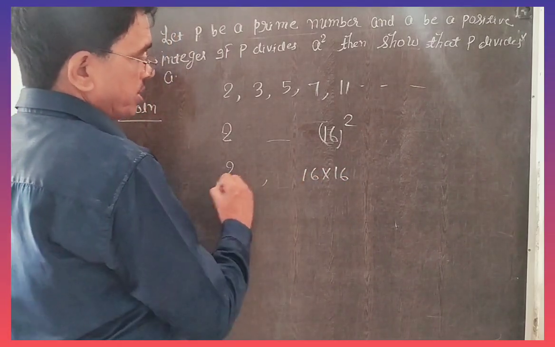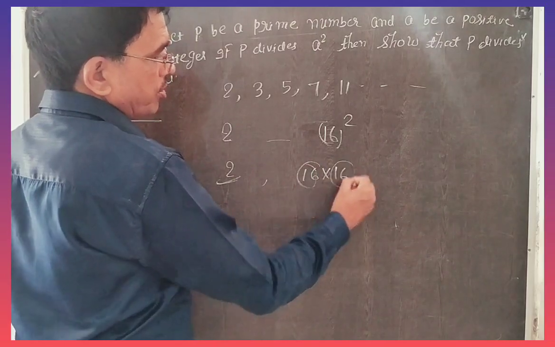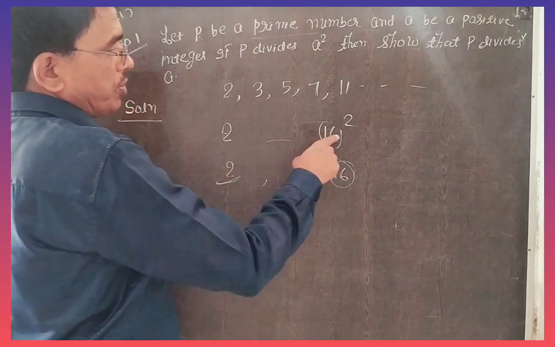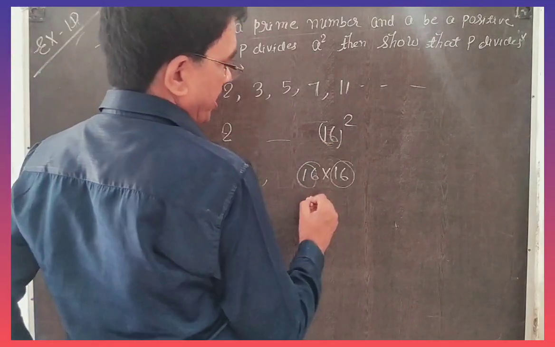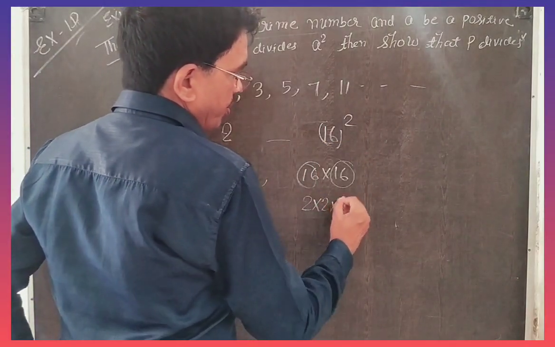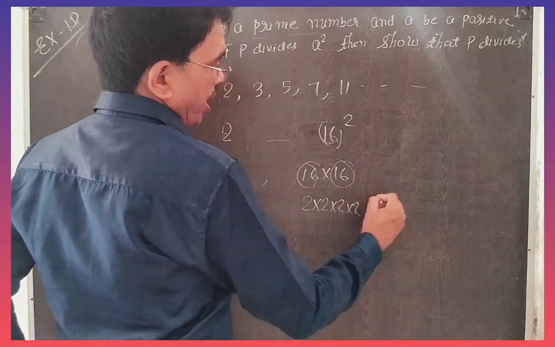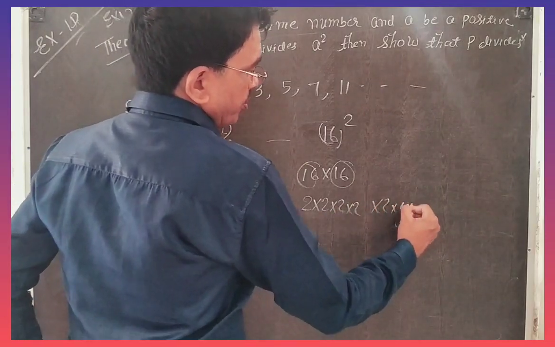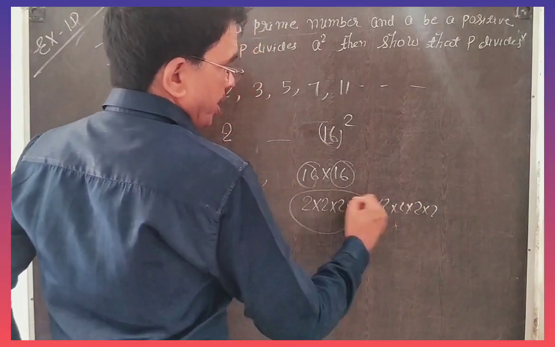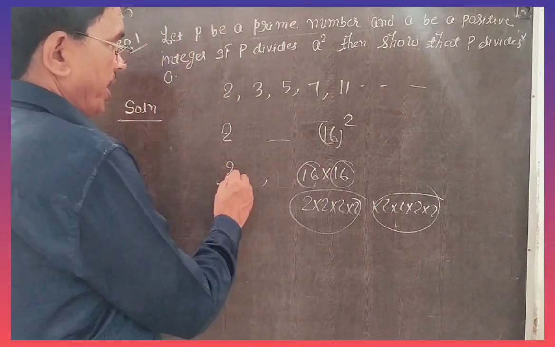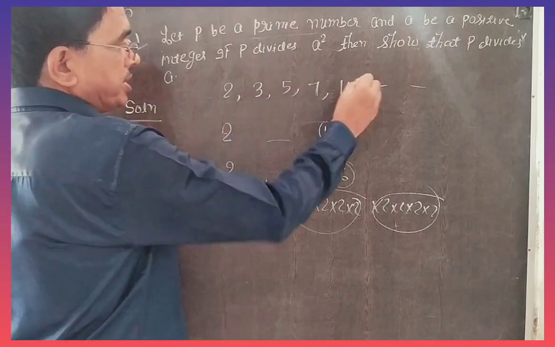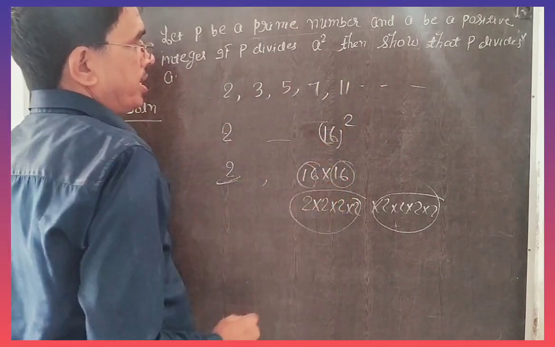That means 2 is present in 16 and also present in the other 16. Then this 2 divides 16 square, because when you take the prime factorization of 16, you get 2 into 2 into 2 into 2, and here also 2 into 2 into 2 into 2. So if a square has the factor twice, then a also has it.